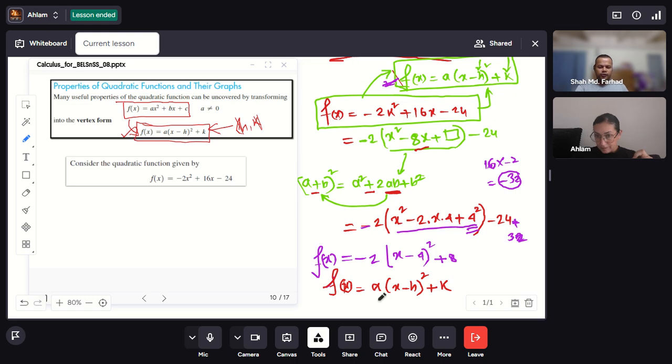So if we get the function in this form, then we say that the vertex point is (h, k), right?